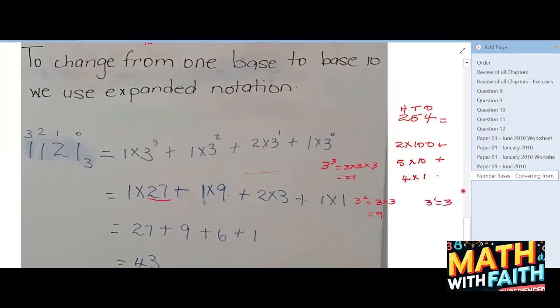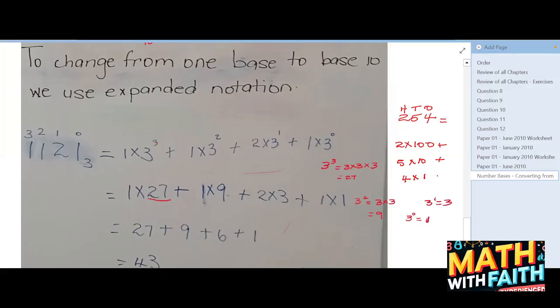And plus 1 by 3 to the power 0. What is 3 to the power 0? Anything to the power 0 is 1. So it's just 1 by 1.